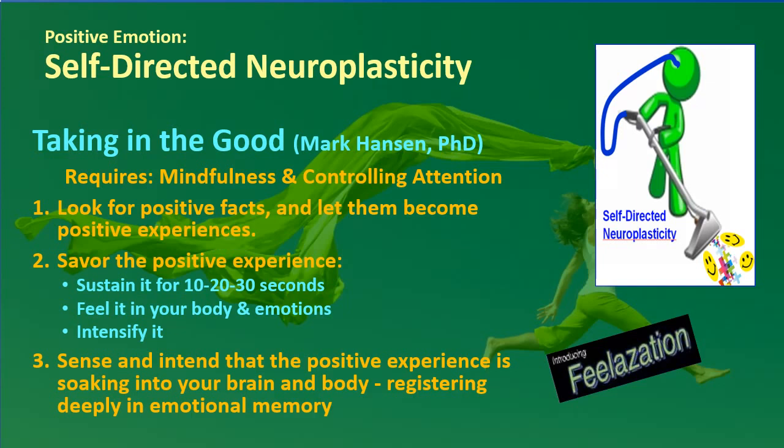Now this takes practice, and after a while, you become more and more positive, and that positivity gets registered deeply in your emotional memory, which is what you want to be able to do.